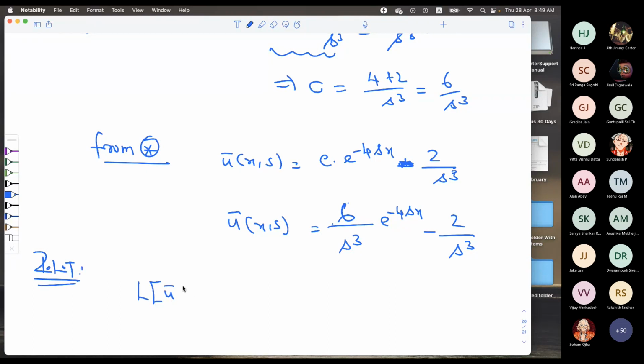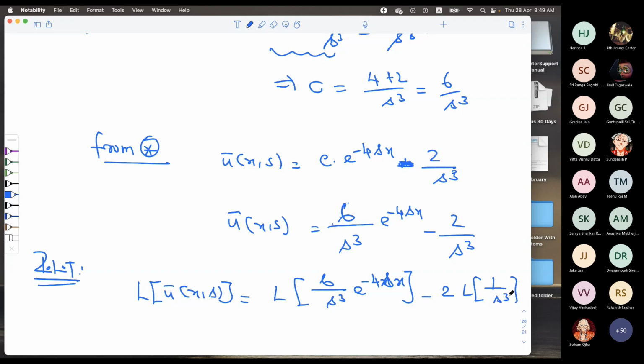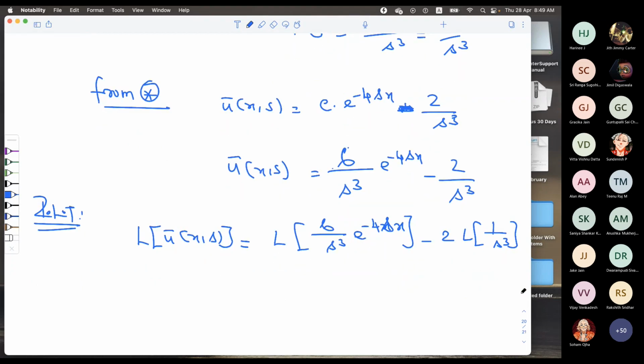Laplace transform of u of x comma s: 6 divided by s cube e raised to the power minus 4sx, minus 2 into the Laplace transform of 1 divided by s cube.